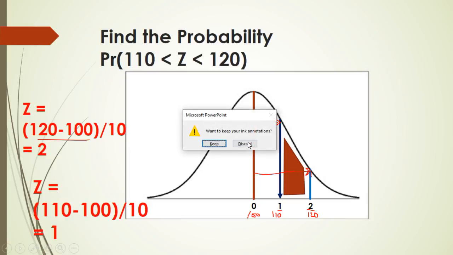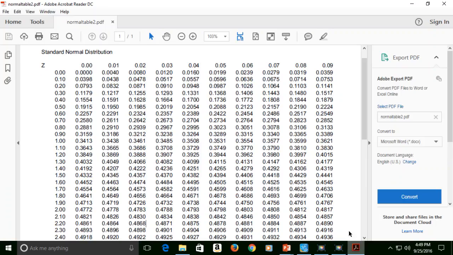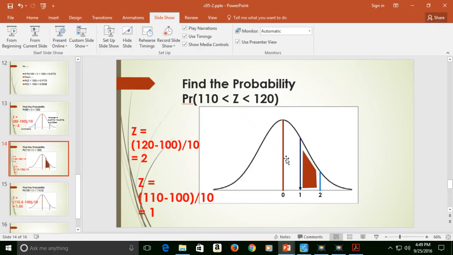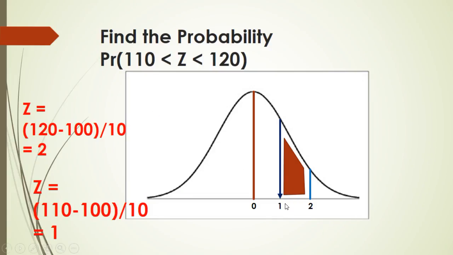So we're going to jump here. We looked up 2 already. When we look up 2, we get 0.4772. And we look at 1, we get 0.3413. Okay. So, again, what are we going to do? From here to here, all of that is 0.4772.